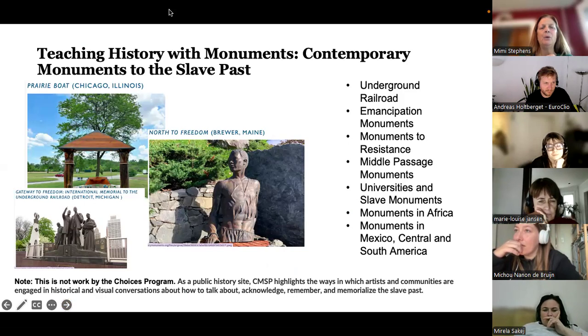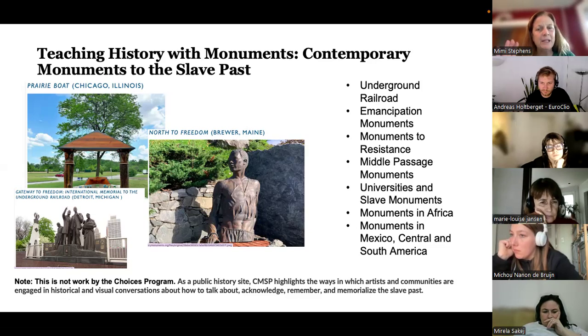One other resource that I'm going to mention is this fabulous collection on contemporary monuments to the slave past. This is not a Choices resource. This is a public history site. Renee Ater has done a lot of work on it, but she's had lots of collaborators. If you go to this key meta site, you can get all kinds of slide decks on contemporary monuments.